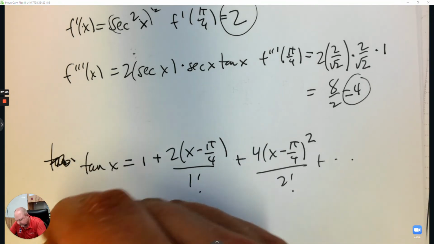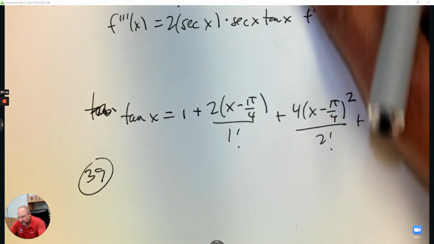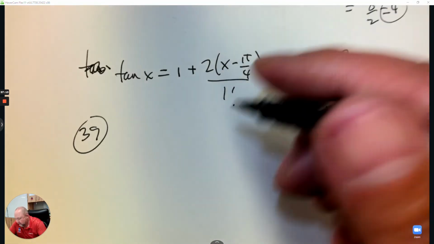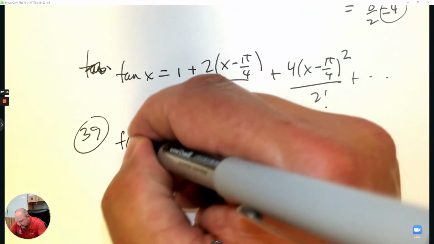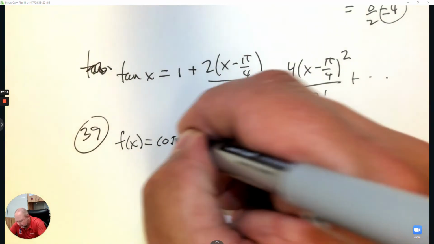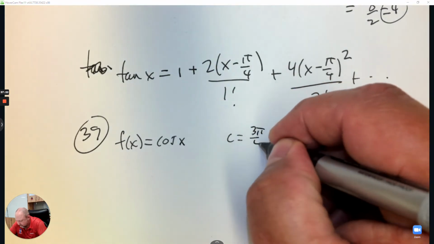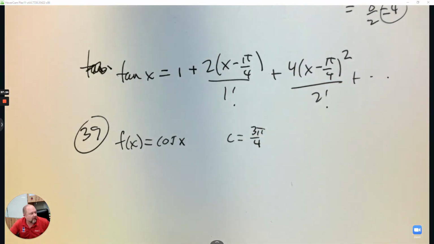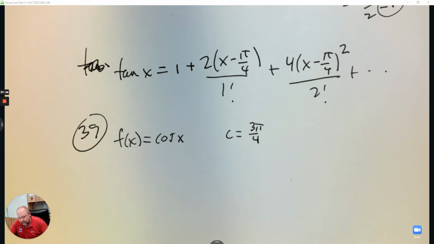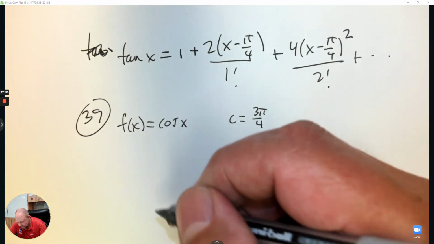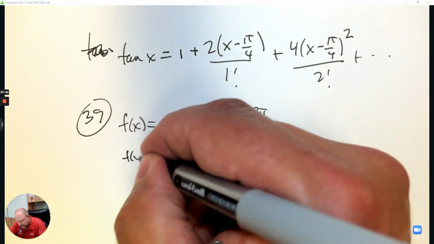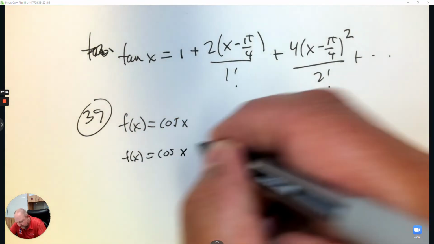39. Find a series for the function f at x equals cosine x, centered at c equals 3 pi over 4. So again, we're going to do a Taylor. So f at x equals cosine x.